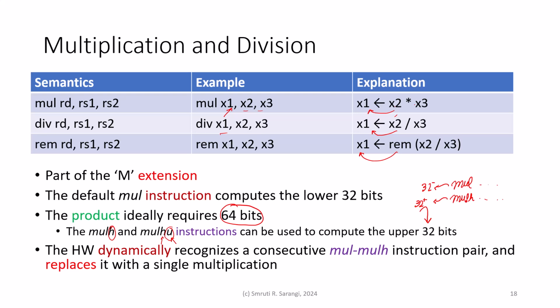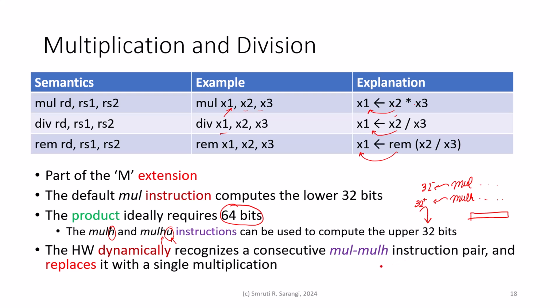Now this sounds unfair that to compute the 64-bit result, which the hardware will have anyway, I need to invoke two instructions. After all, it's the same single multiplication. It is just that my output is not fitting within 32 bits. That is why the first time I extract the lower 32, the next time I extract the upper 32 bits, which makes me do twice the amount of work. Does not sound very efficient.